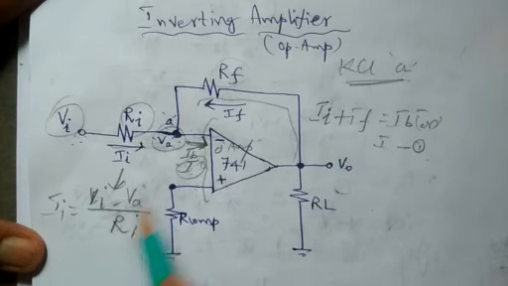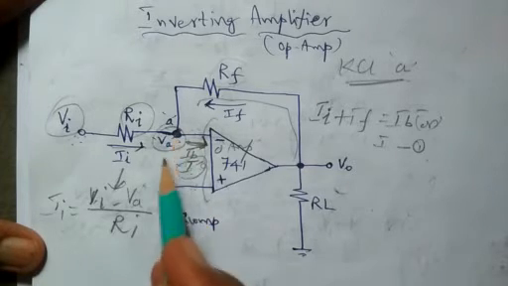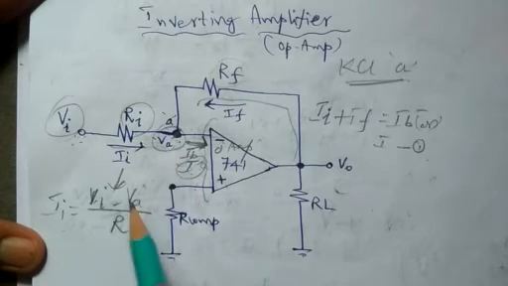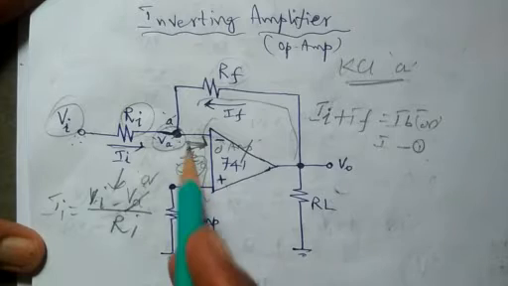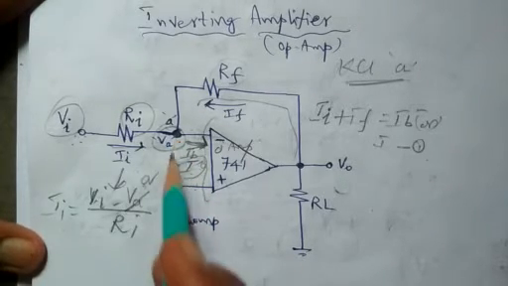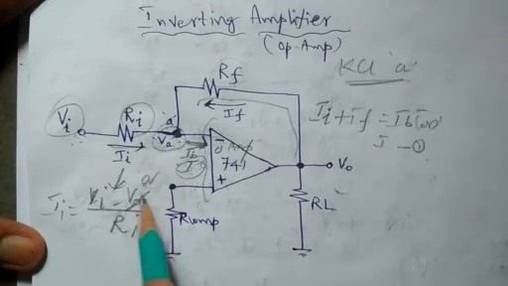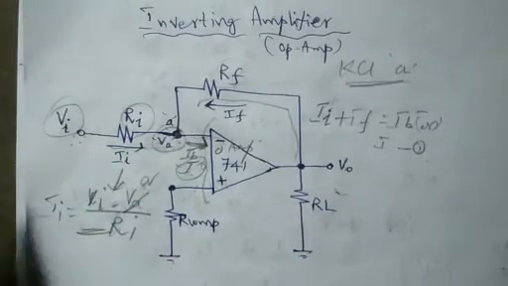What about the value of Va? Even though it is not physically grounded, the potential value at this node is 0 volt. So Va is 0 volt. To satisfy Vd equal to 0, we have assumed this node is virtually grounded. Virtually grounded means the potential at this node is 0 volt. So Va is 0 volt. By considering these equations, you will be able to solve.